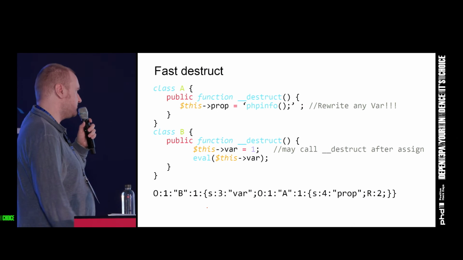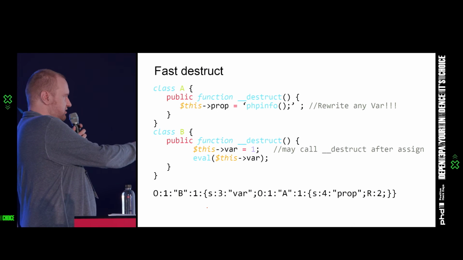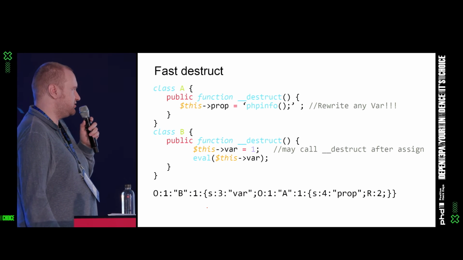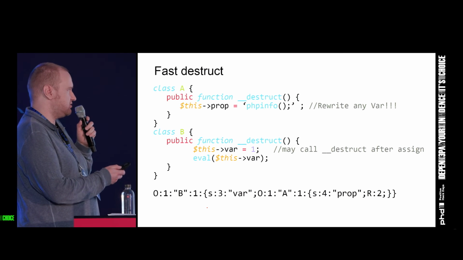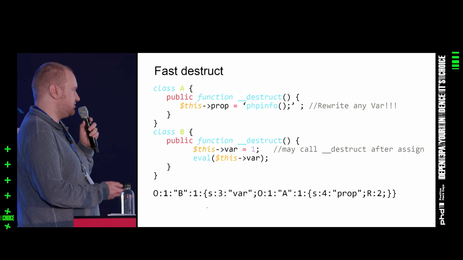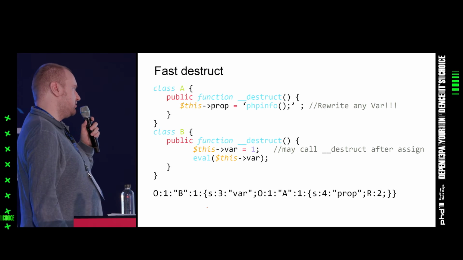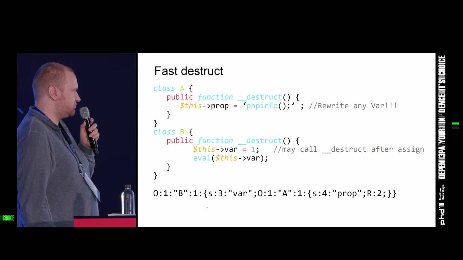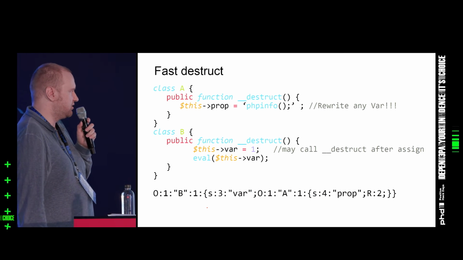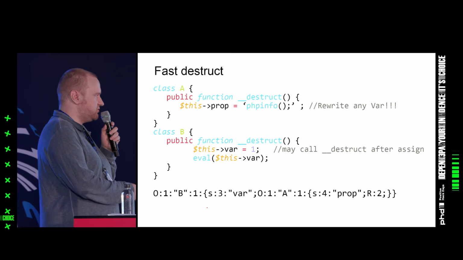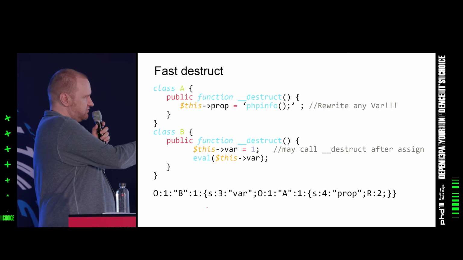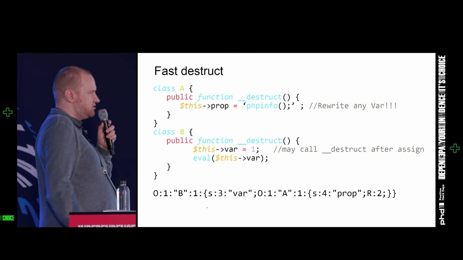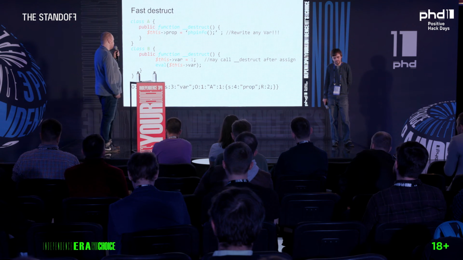So we found a peculiar thing: if you have this var equal 1, this var equal 1, then in PHP we are not going to have var equal 1. If var used to be our object, then var would equal 1, and then we would call the destructor of this object. So we're deleting this object, that's why we call the destructor. An interesting analysis tool. The request may happen or not happen depending on the initial data.